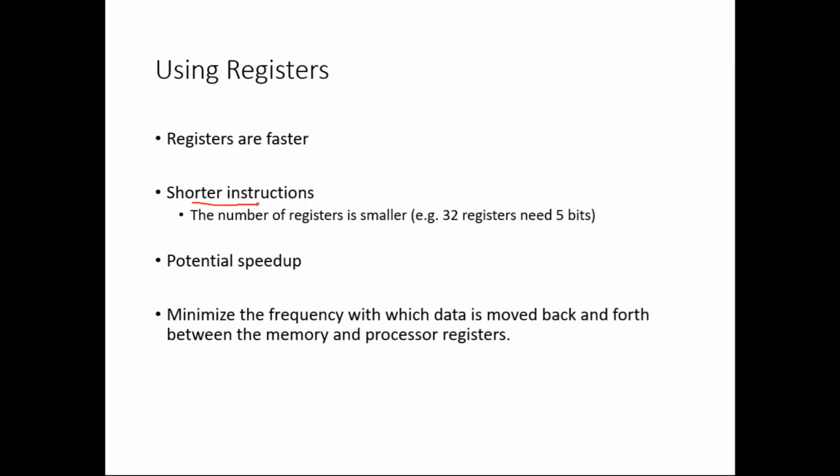When you use a register, you need not access the memory location directly, and the registers can be accessed with fewer bits. If a typical computer has 32 CPU registers, then all these 32 registers can be accessed by using just 5 bits.